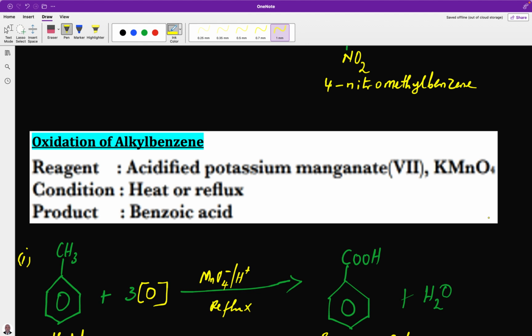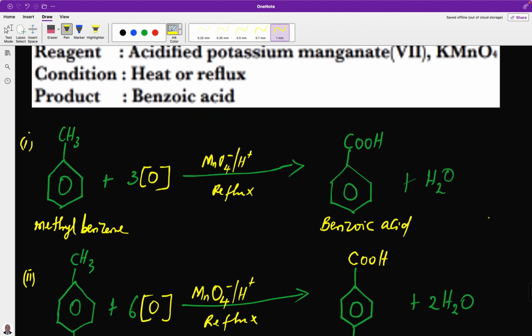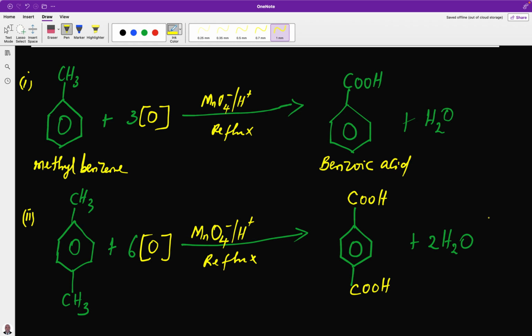For instance, the methyl group, the methylbenzene, will be oxidized to what? Will be oxidized to benzoic acid and a molecule of water. Then, if I was using 1,4-dimethylbenzene, remember I told you that the side chains are the ones to be oxidized.